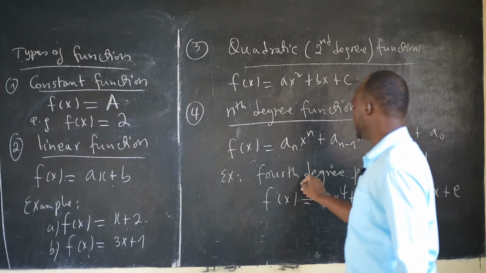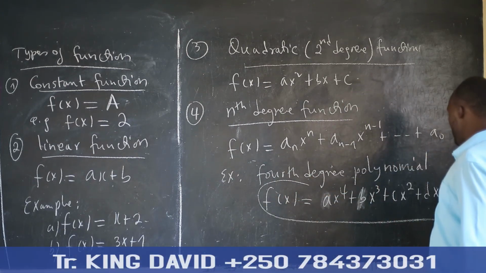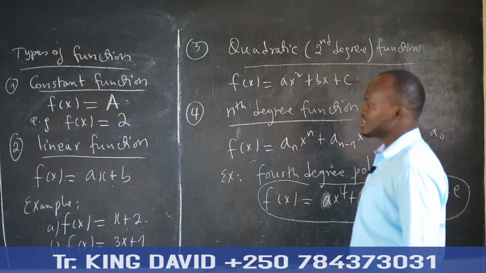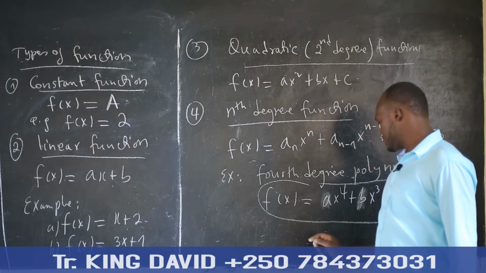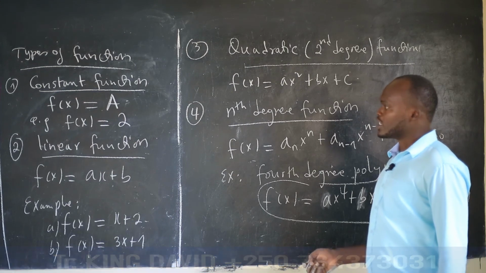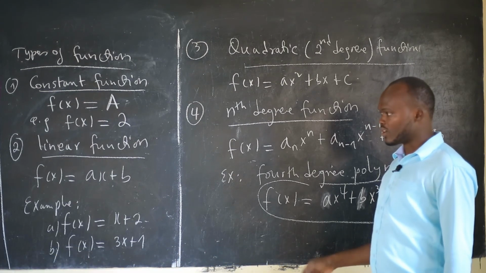So that's what we call a fourth degree polynomial, like that. After that, let us see exponential function, logarithmic function.